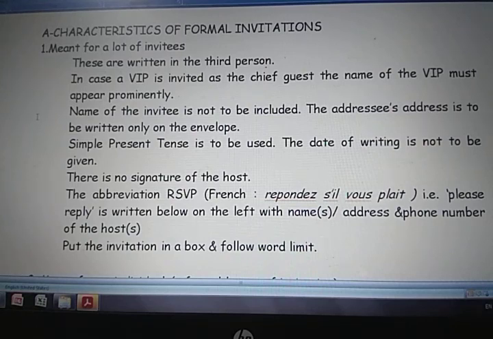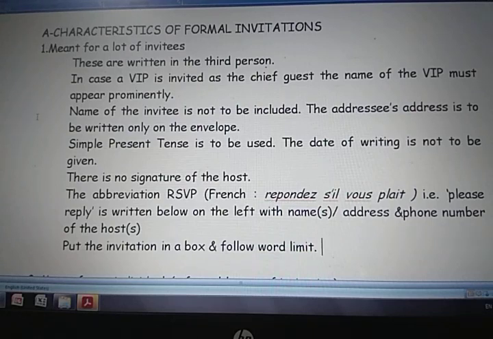Suppose for any function, if it is annual day at your school, you are inviting a very important person as a guest, chief guest, you should mention. Suppose you are drafting a formal invitation for your school annual day.